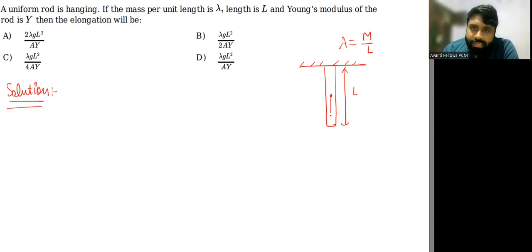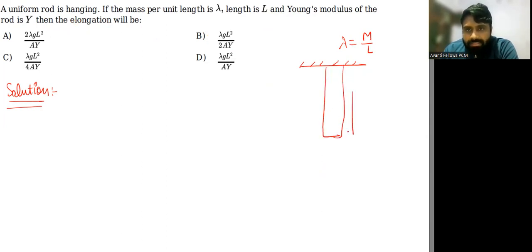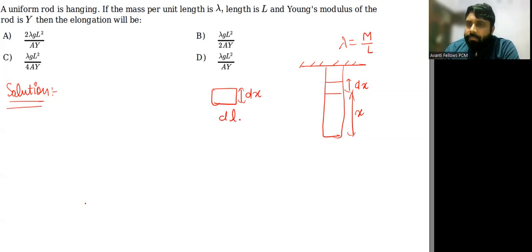So we need to find out the elongation in the rod. In the rod, the weight of the rod will be acting in the downward direction, due to which the rod will elongate. So we will consider a section at a distance x from the bottom. We will consider a section of length dx, and we will assume that this dx section will elongate by dl.